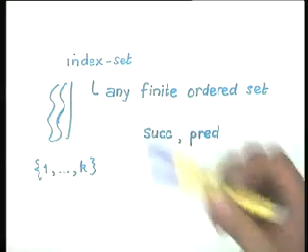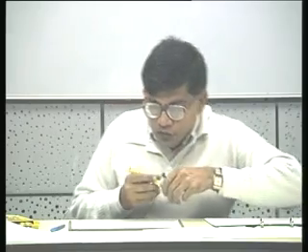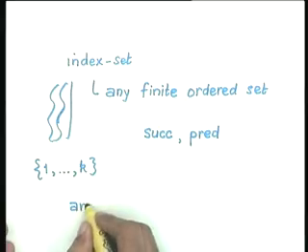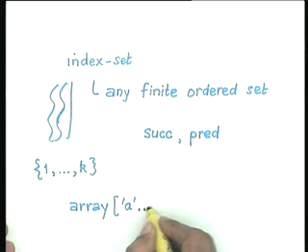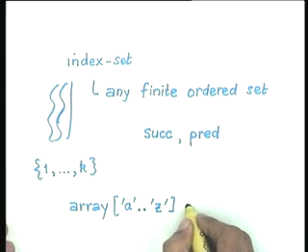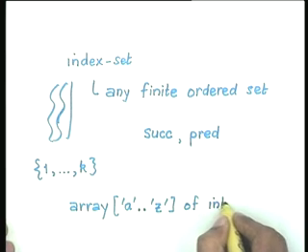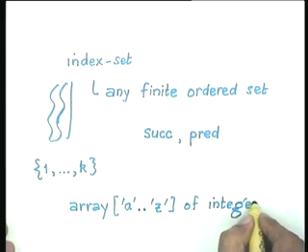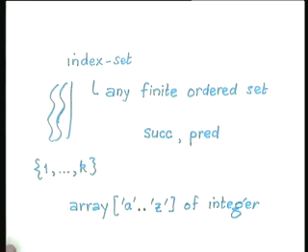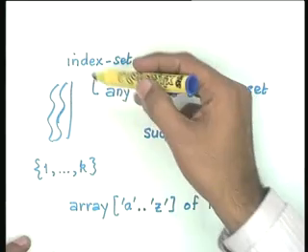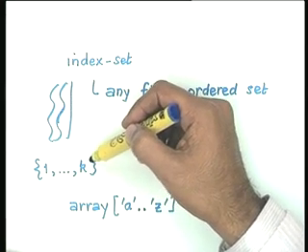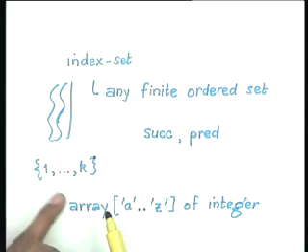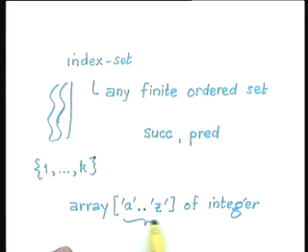So, if you look at an array definition of this form, array, let us say, a to z of integer, then you are looking at a function that is a composition between this isomorphism from the index set to this set, where k happens to be 26, and integers. This is a finite ordered set with a successor and a predecessor defined on it.